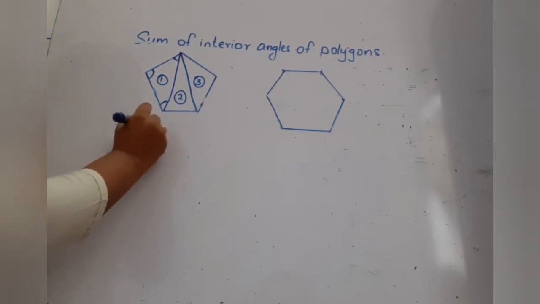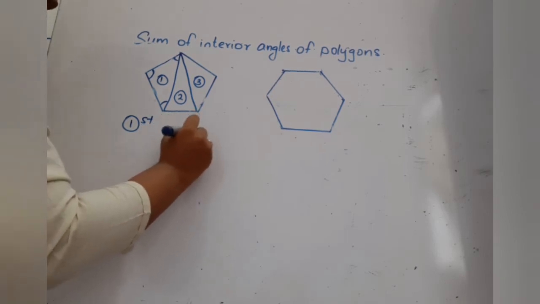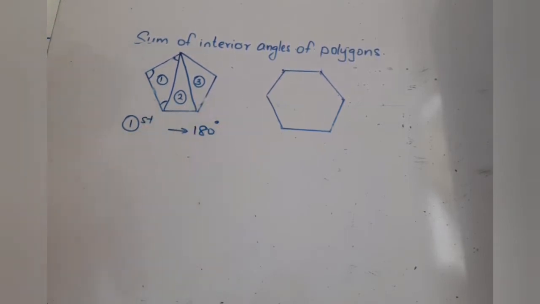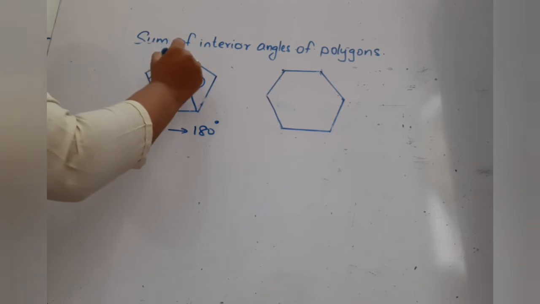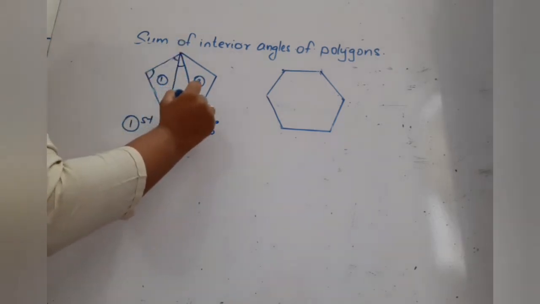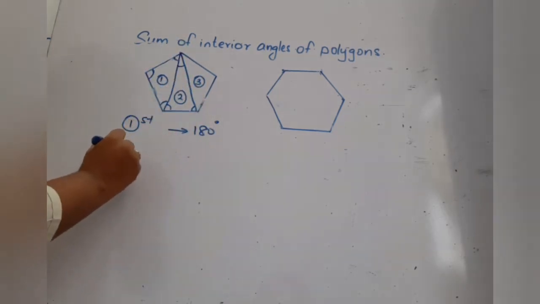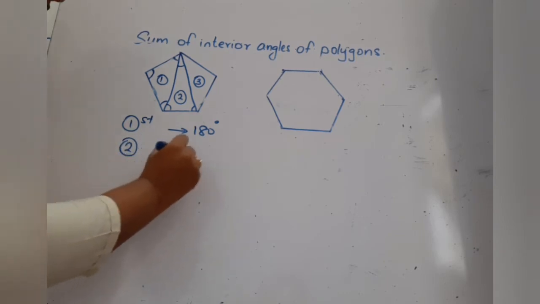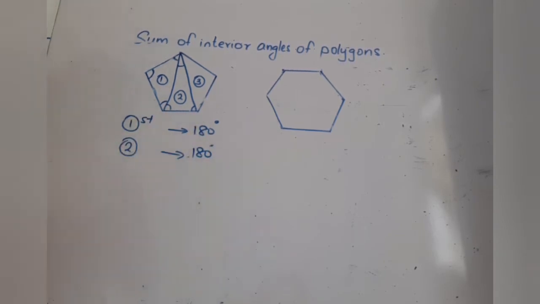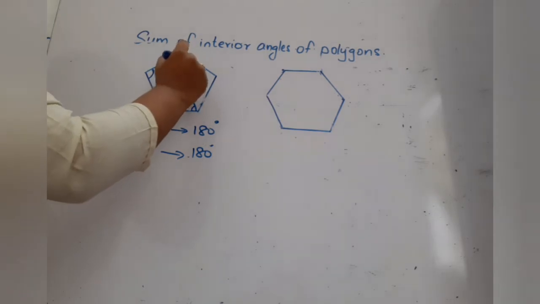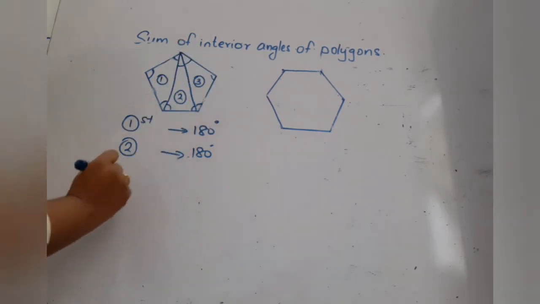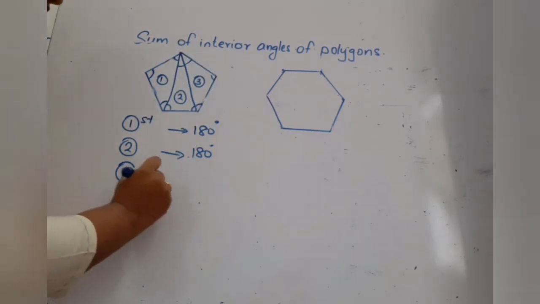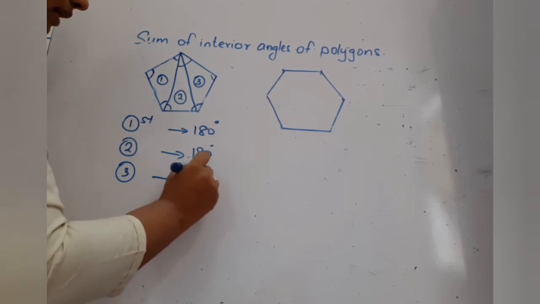So the first triangle's interior angles add up to 180 degrees. In the second triangle also we have interior angles that add up to 180 degrees. And we have a third triangle that also adds up to 180 degrees.